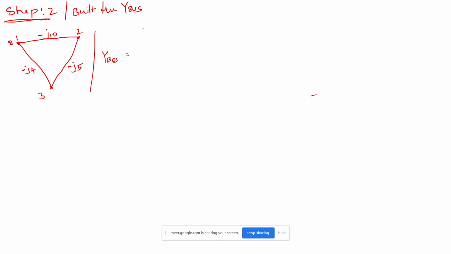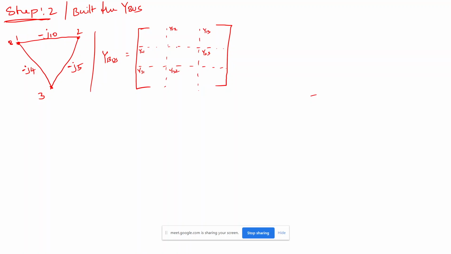If I want to find out the Y bus, the size will be like this. I will get around 9 components here, and first we will fill the off diagonal elements. This is Y12, this is Y21, this is Y13, this is Y31, this is Y23, and this is Y32.